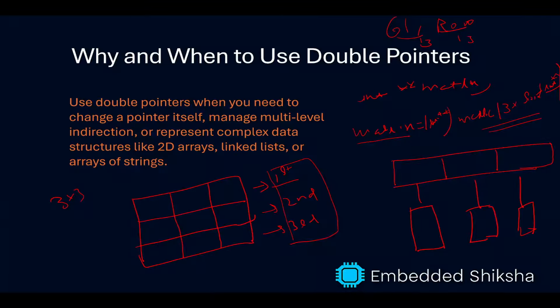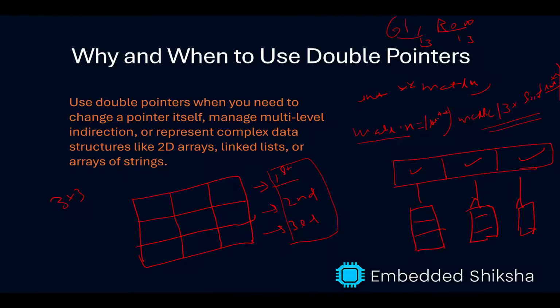So this row will behave like a single one dimensional array. And the base address of this row, or the address of the first variable of this row, will get stored in this, and in a similar way the address of this first variable will be stored here, and the address of this row's first variable will be stored here.